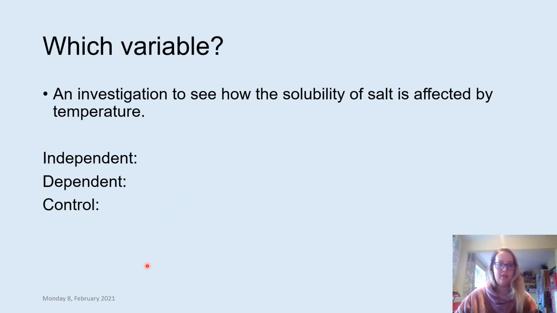Okay, so now let's have a little think about some examples. Here we've got an investigation to see how the solubility of salt is affected by temperature. So you'll need to identify the independent, dependent and control variables. Remember, there might be more than one control variable for this. Pause the video here and take a minute to think about it, and then we'll go through the answers. I will highlight which bit is the independent variable with different colours.